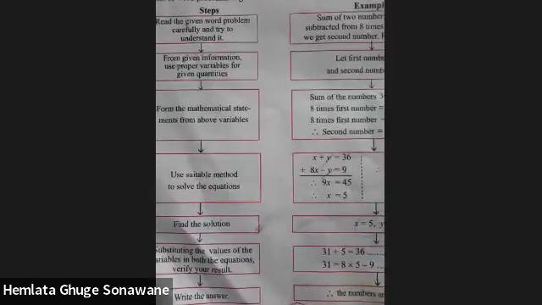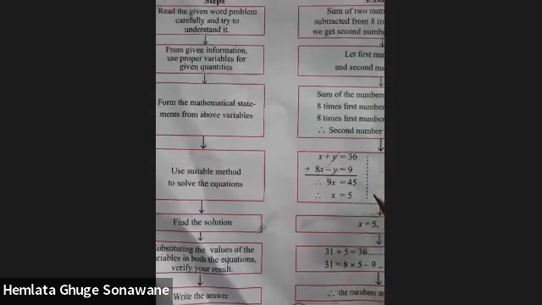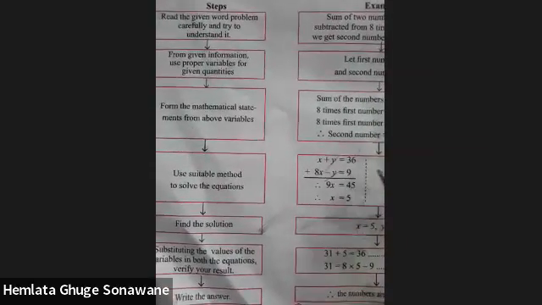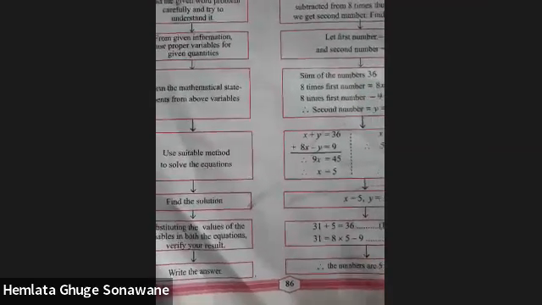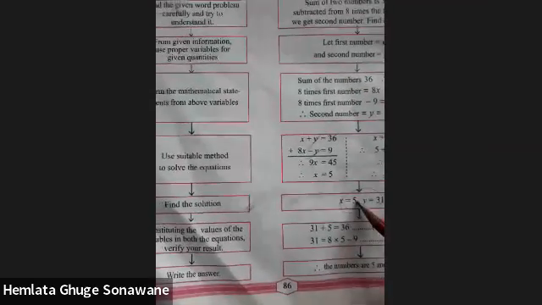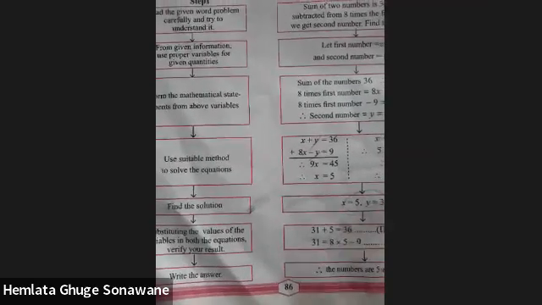Then we have to use a suitable method for the algebraic expressions, so that we'll get the values of the variables we have decided, and those values we have to put into the expressions we have formed to check whether our values are correct or not.